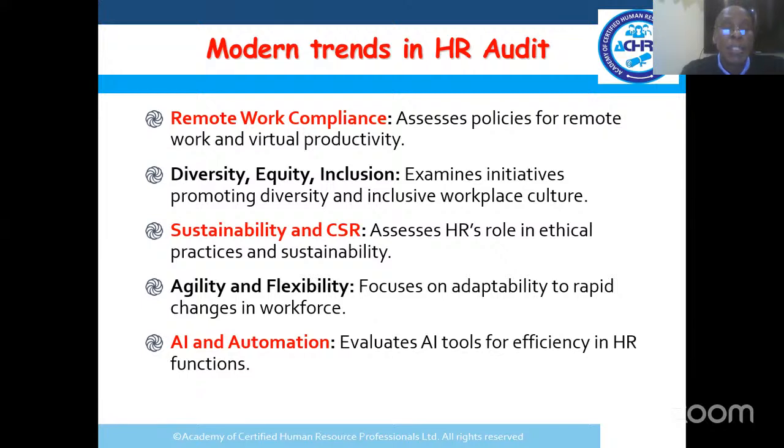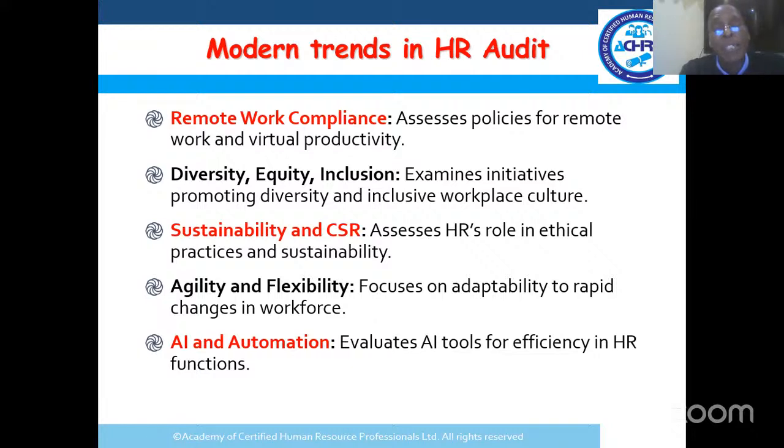The other trend is sustainability and CSR, where we are looking at the role of HR on matters of environment and the community around which we operate. As HR managers, we are expected to ensure that the work environment is clean and safe to avoid illnesses and accidents.